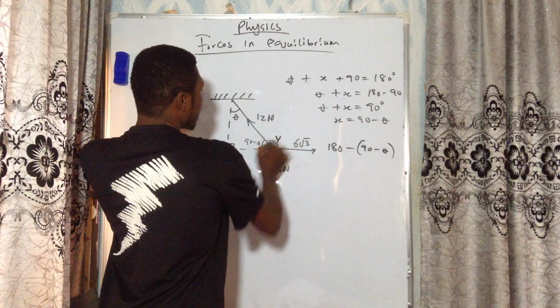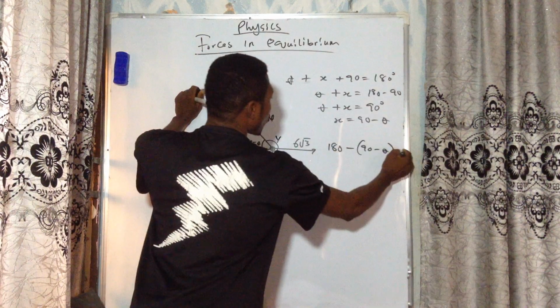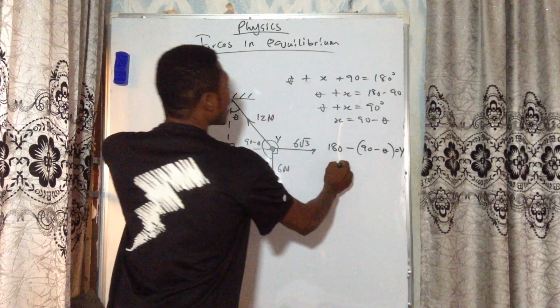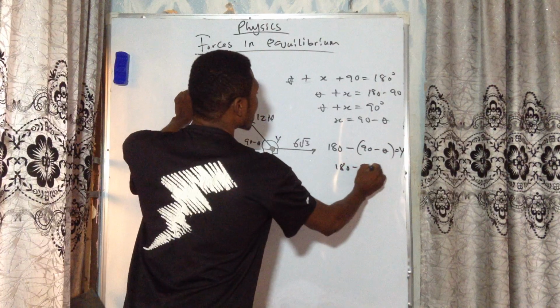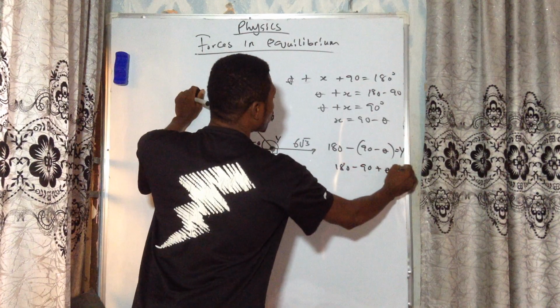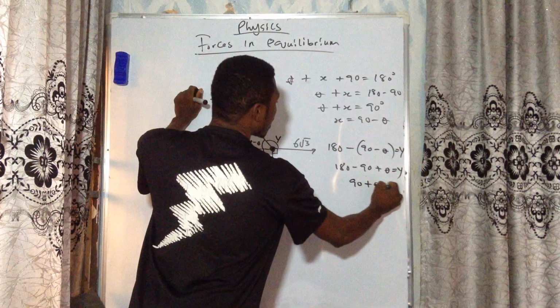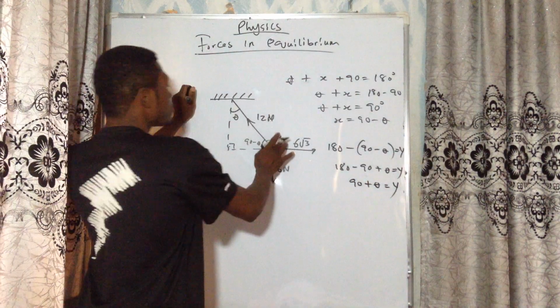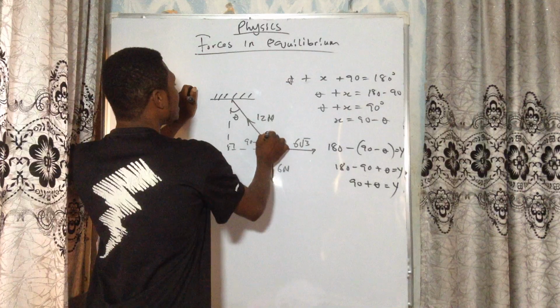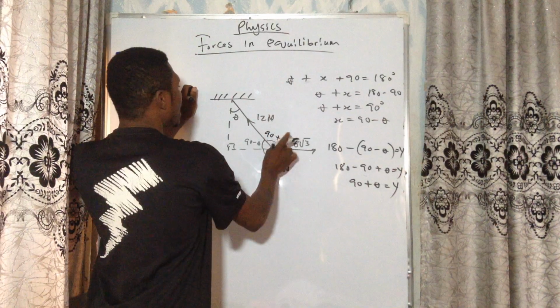So we can call it y. So we now have 180 minus 90 plus theta is equal to y. Therefore, it is 90 plus theta. So the angle here is 90 plus theta.